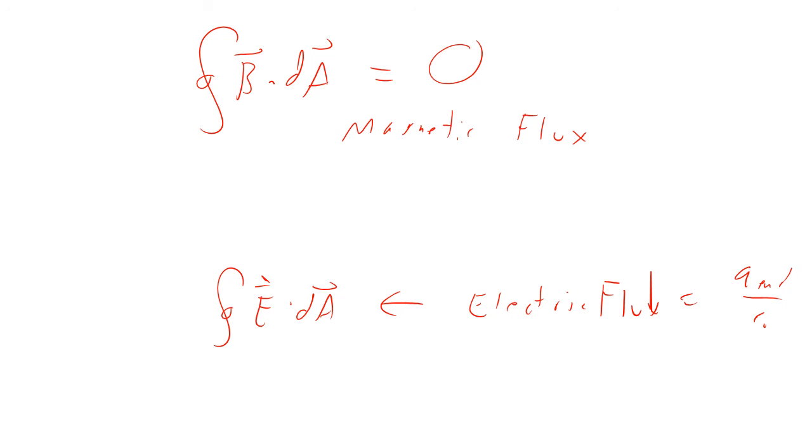And so that means across an enclosed surface, the total magnetic flux is zero. That means just as much magnetic field goes in as goes out. And so that gives a little bit different feel of things. So we now have two equations for Gauss's law, one for magnetic flux, one for electric flux.